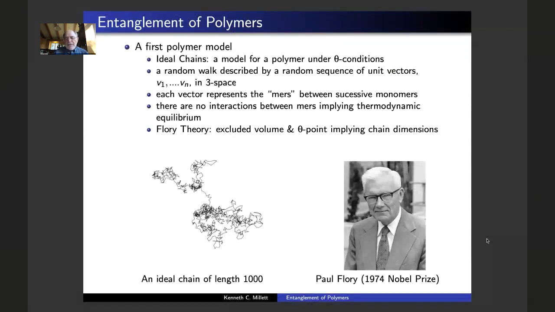would characterize the spatial properties of these polymers under conditions where there were no real interactions with the parts of the chain, but included the fact that chains could not self-intersect. So there was an excluded volume that prevented these chains from intersecting each other.